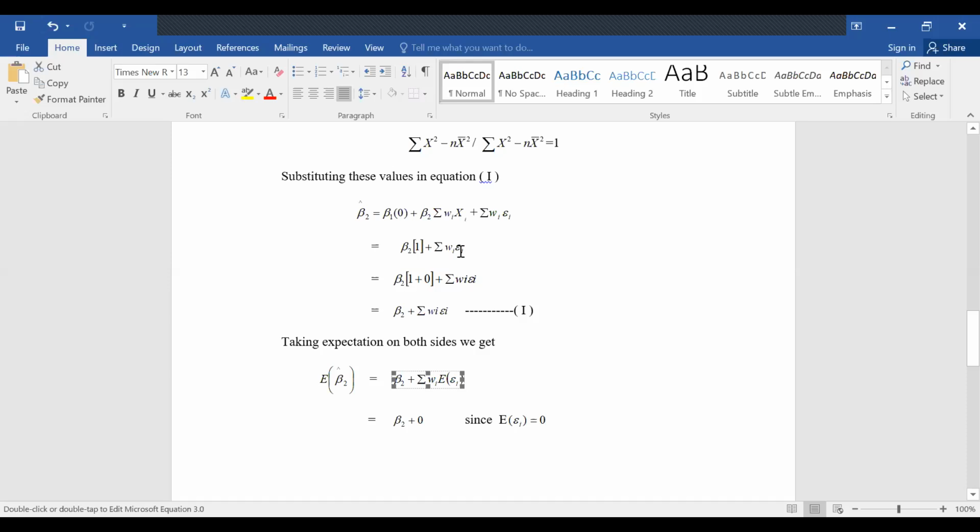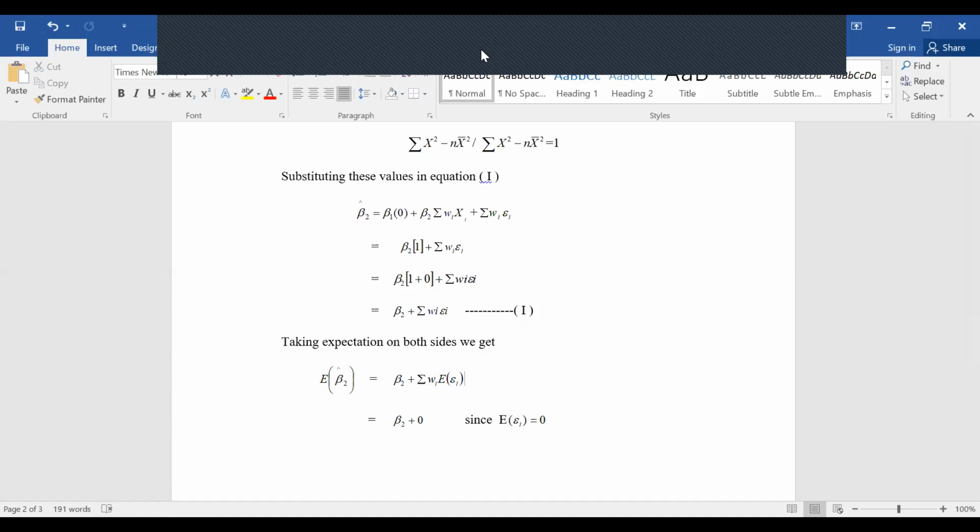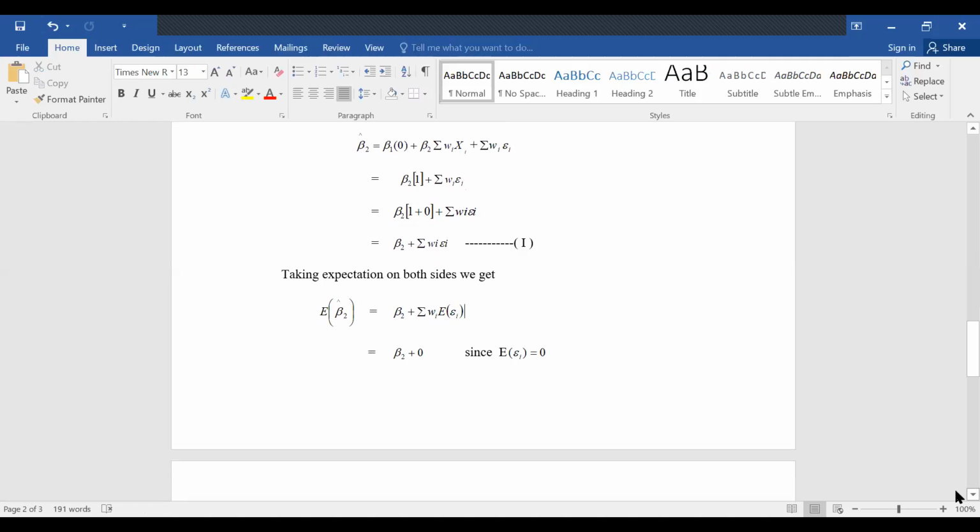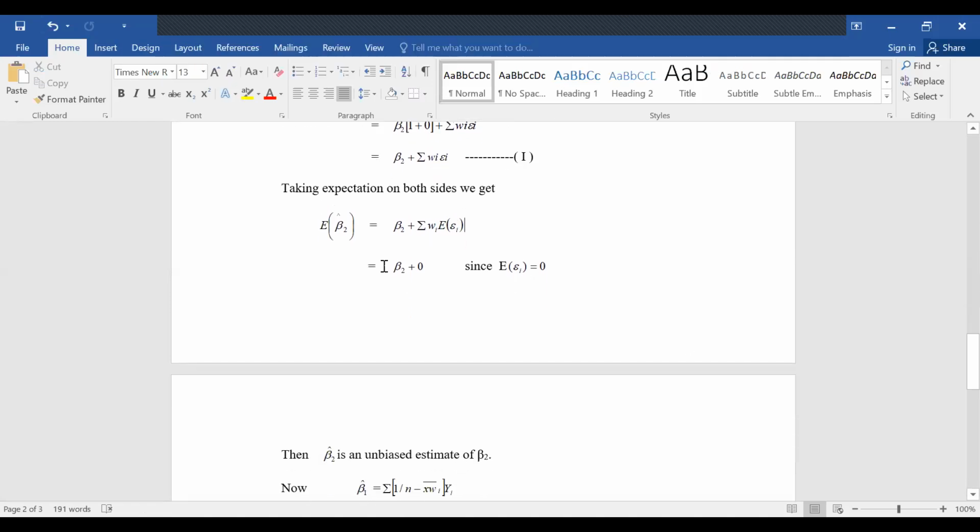Because in the w we have only the values of xi, expectation cannot be applied on the wi as it is a function of xi, and we stated that xi will be non-random. So expected value of beta 2 hat equals beta 2, and by the assumption E of epsilon i is 0, or ui is 0, which completes the proof: beta 2 hat is an unbiased estimator of beta 2.